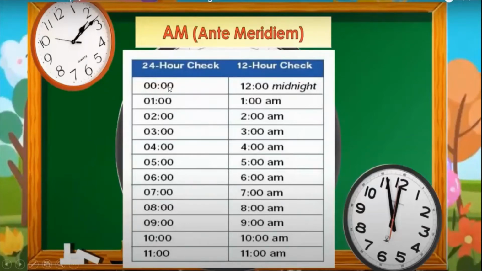And then we have the 0100 hour, which for the 12-hour clock is 1 a.m. For the 24-hour clock, it's 0200 hour, but for the 12-hour clock, that is 2 a.m. For 0300 hour, the 12-hour clock is 3 a.m. So on and so forth.